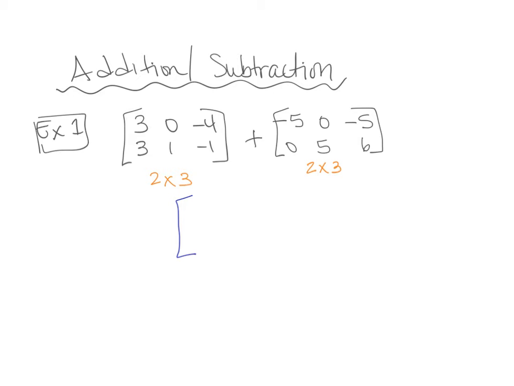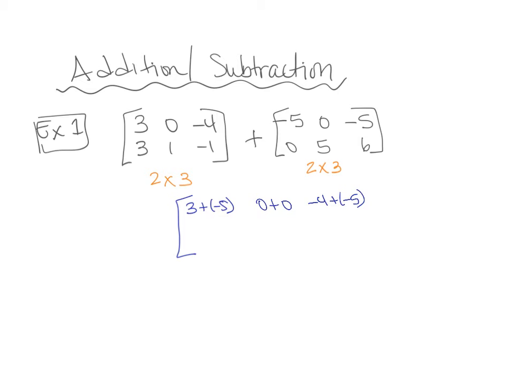So I would have 3 plus negative 5. Then going across, row 1, column 2, I add row 1, column 2, so that gives me 0 plus 0. In row 1, column 3, I would have negative 4 plus negative 5.